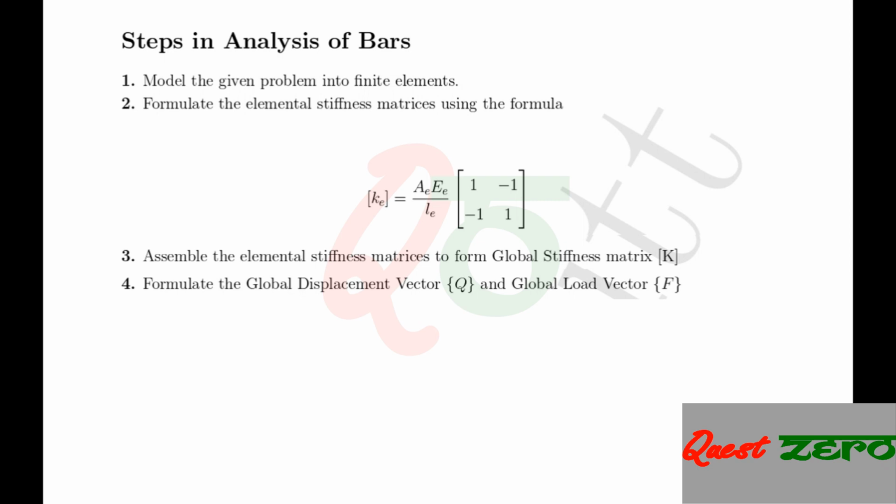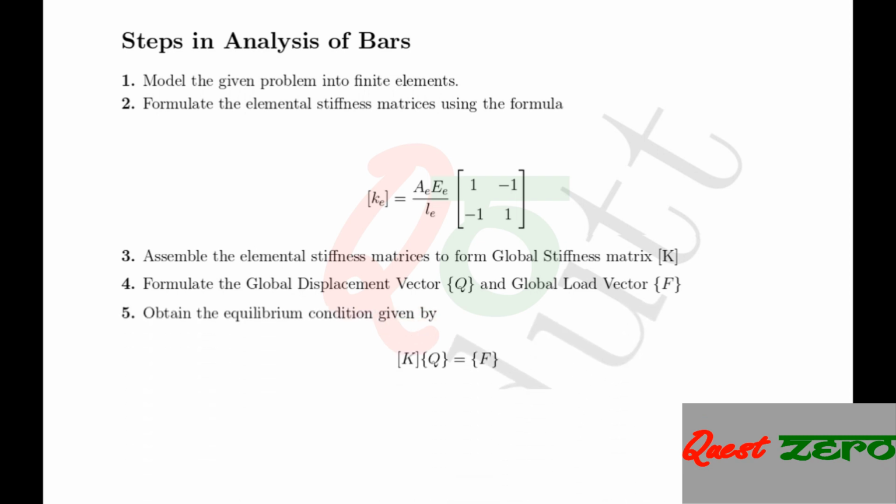Once we have the global stiffness matrix, we will formulate the global displacement vector. The global displacement vector denotes the displacement at all the nodes that are present in the system, and the global load vector is also formulated, which denotes the forces or loads acting at all the nodes in the system.